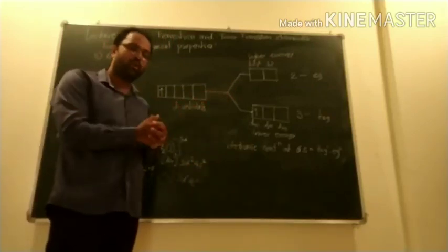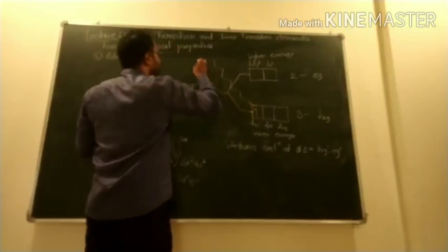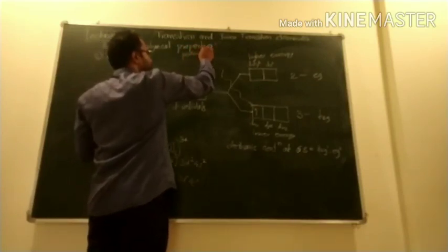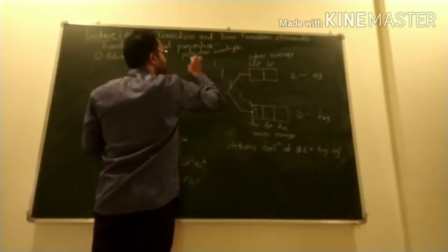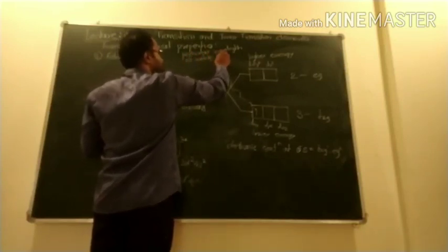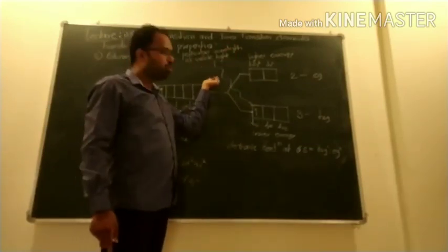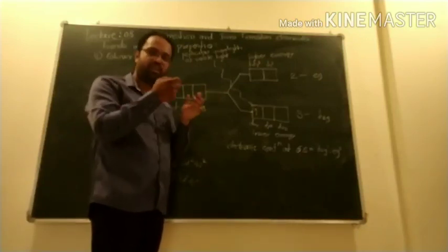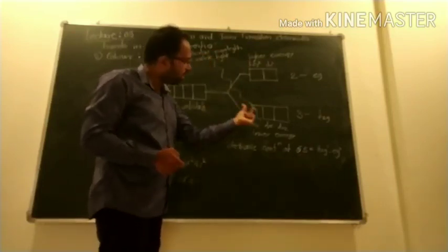But when this compound absorbs a particular wavelength of visible light, that means it absorbs light of a particular color. Each wavelength has a particular color.